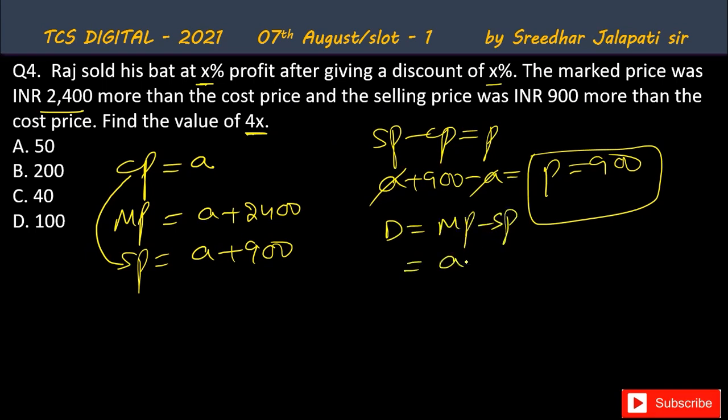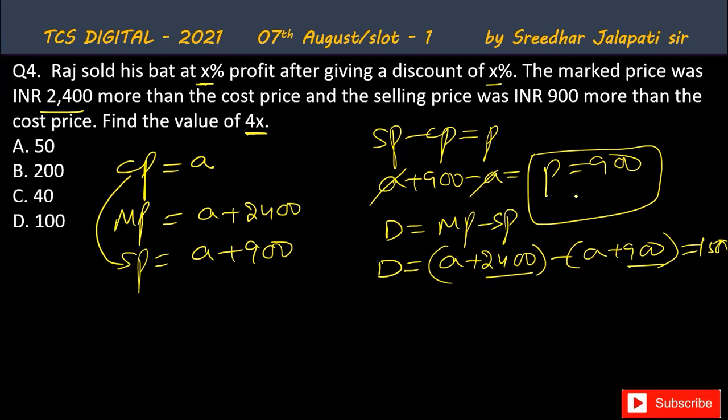So market price A plus 2400 minus selling price A plus 900. On opening this bracket and simplifying, plus A minus A get cancelled, 2400 minus 900 is 1500. So that is the discount. So we know profit as 900, we know discount as 1500, right?